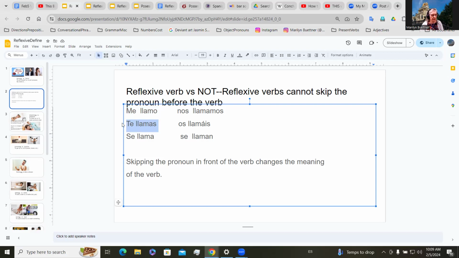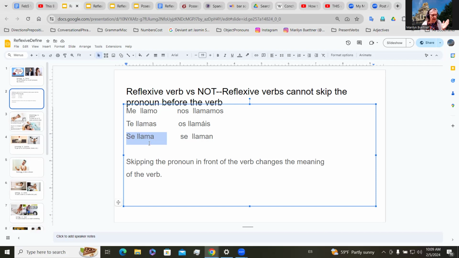For a tú verb, the pronoun, if we need to use it in a reflexive way, has to be te, meaning, te is related to that idea of tú, right? Just like me is related to that idea of yo. But we have to use the te.